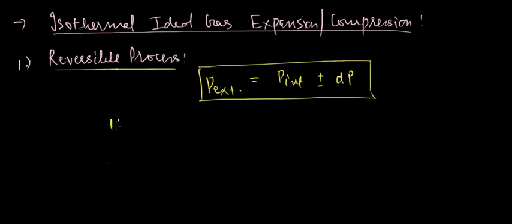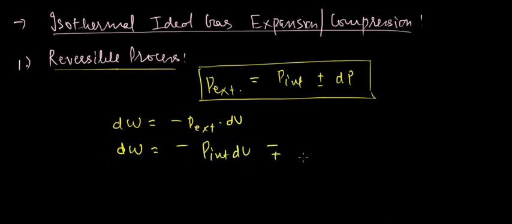So we can write that dW would be equal to minus P external times dV, and dW would be equal to, just putting the value of P external as P internal plus minus dP here, so we will get minus P internal dV minus plus dP times dV. Okay, as this is the multiplication of two negligible terms, this would be a very negligible term.